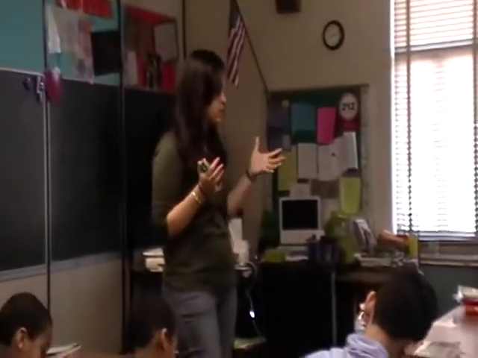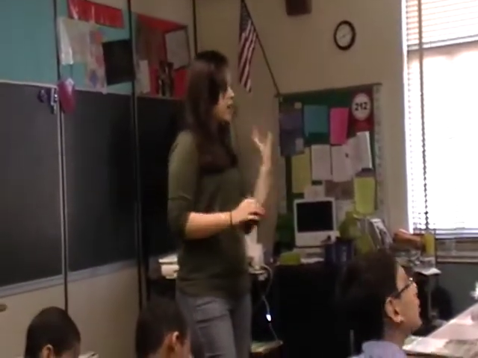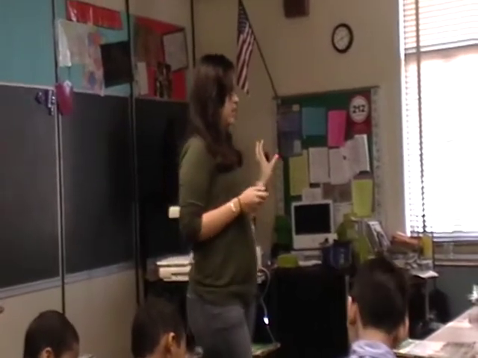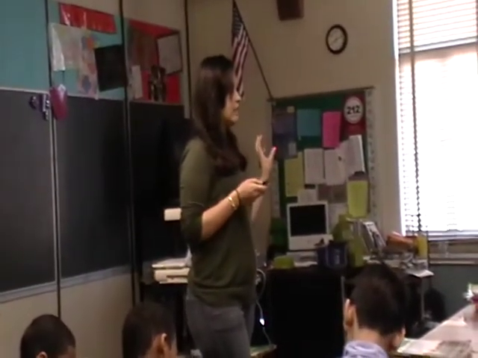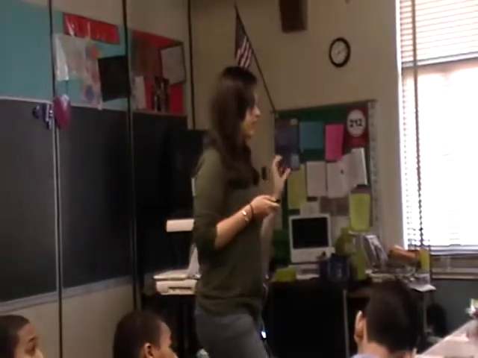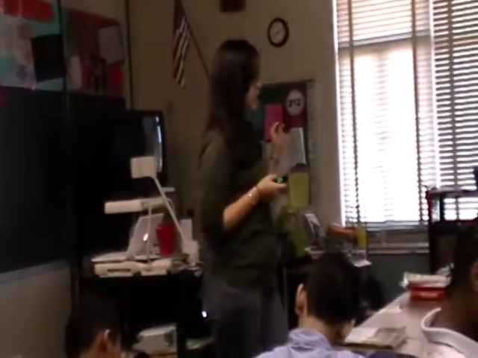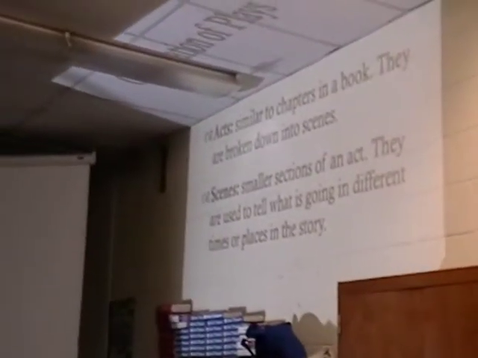We've already set the stage. We're in Mrs. Cuthbertson's classroom. But an act might cover what happens in the morning in Miss Cuthbertson's room, Miss Haney's room, and Mr. Fatiri's room. And each of those classrooms are a scene. A scene is a smaller section of an act, and they're used to break up and tell what's going on in different times or places in a story or in the play.